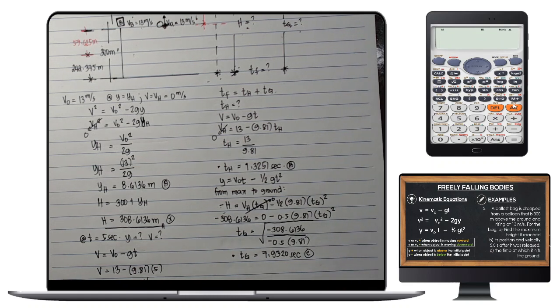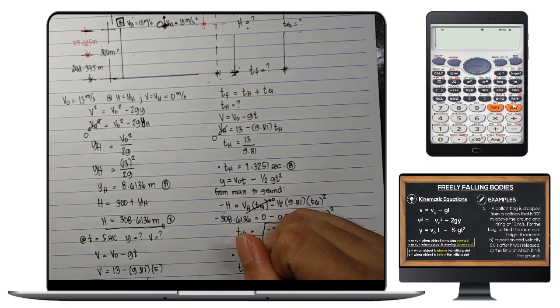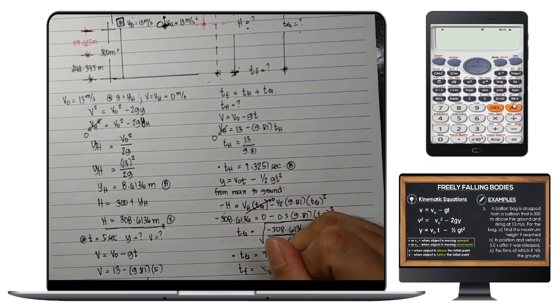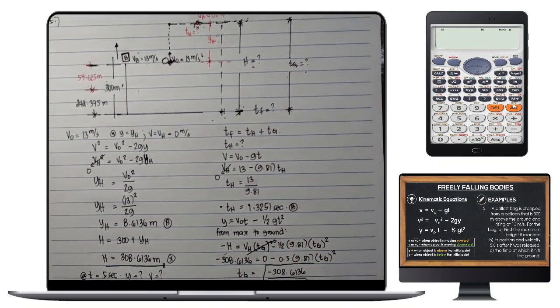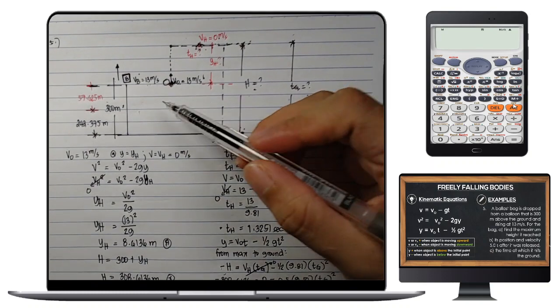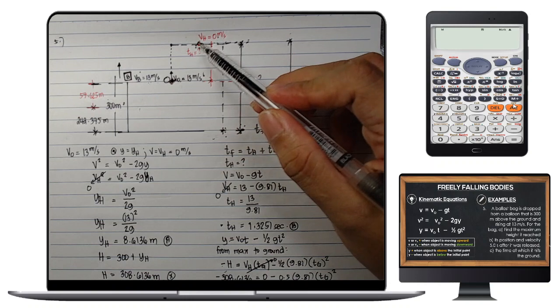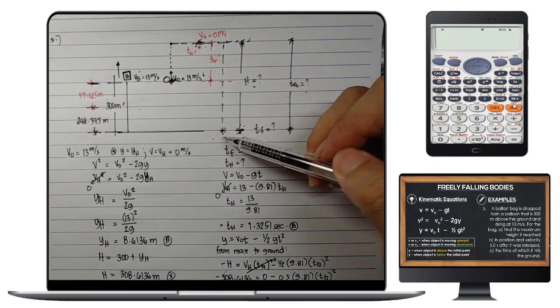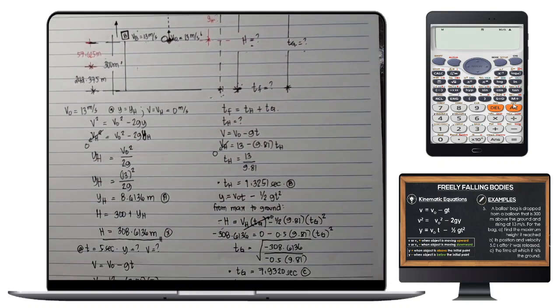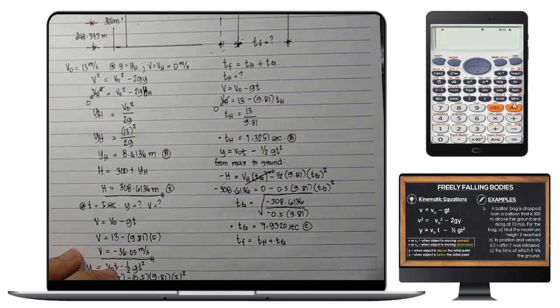And to solve for the time of flight, we have it as t sub h plus t sub g. So yung time of flight natin is 0 to maximum height, that is t sub h. From maximum height to ground, that is t sub g. So that is t sub h plus t sub g.